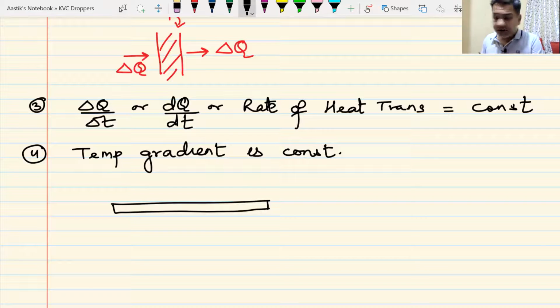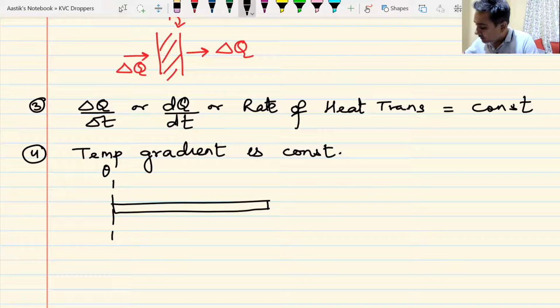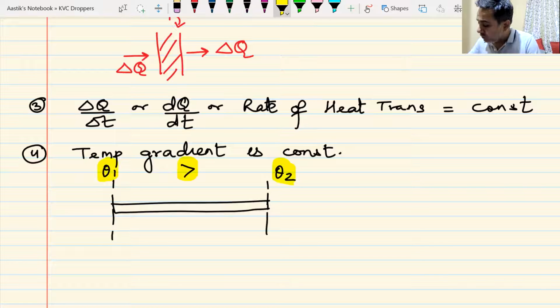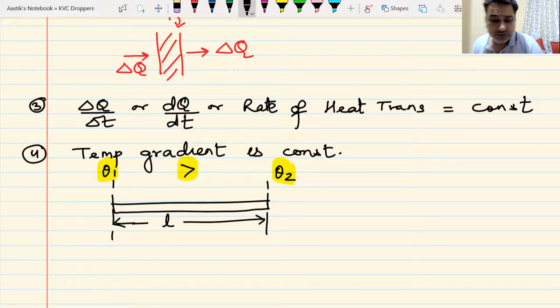This is the rod that I had drawn. This end was at temperature theta1, this end was at temperature theta2. Theta1 was more than theta2. Do we remember this rod? Let us suppose that the length of this rod is L.